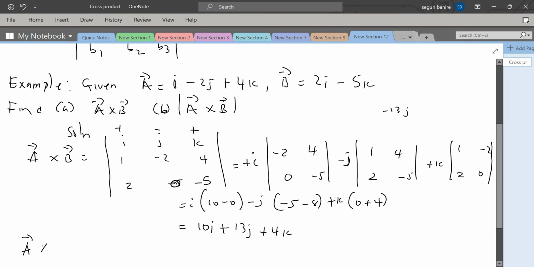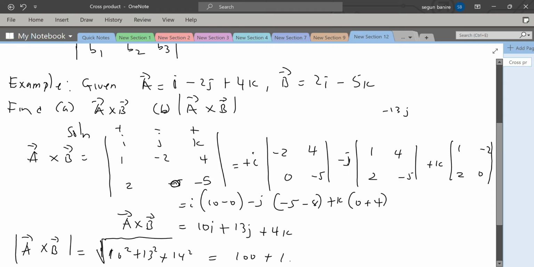So this is just A cross B. The magnitude of our answer will be the square root of 10 squared plus 13 squared plus 14 squared. 10 squared is 100, 13 squared is 169, and the other one is 196.